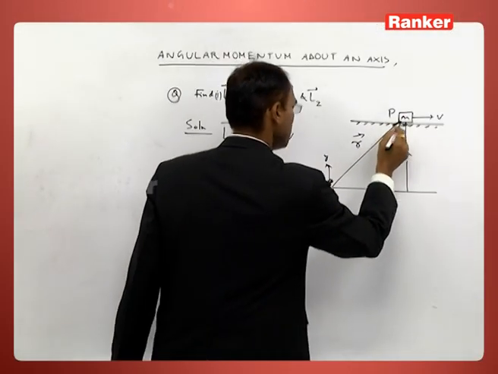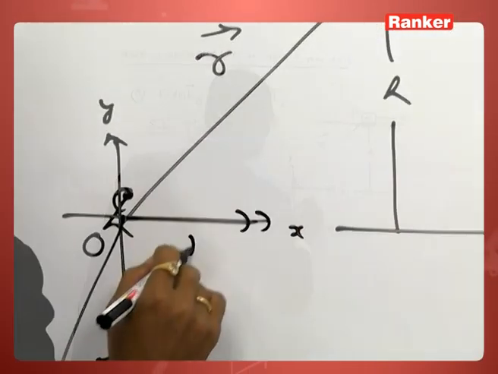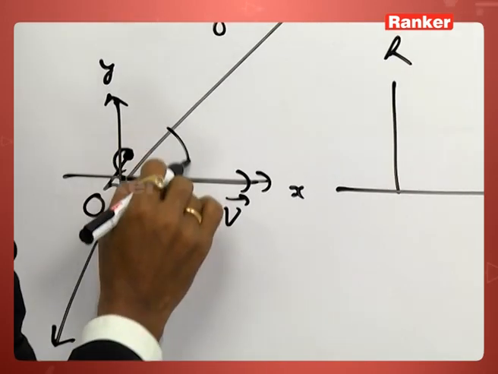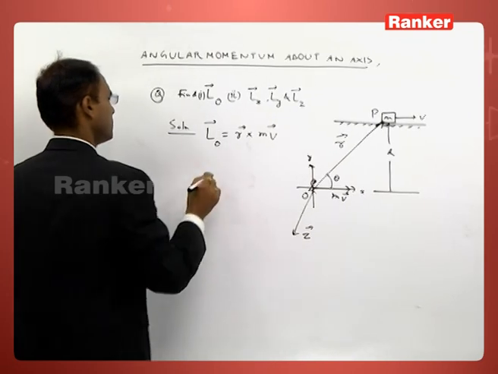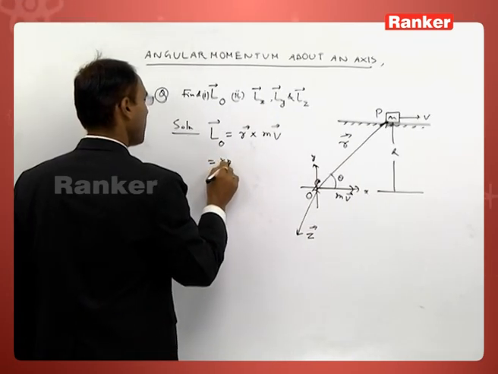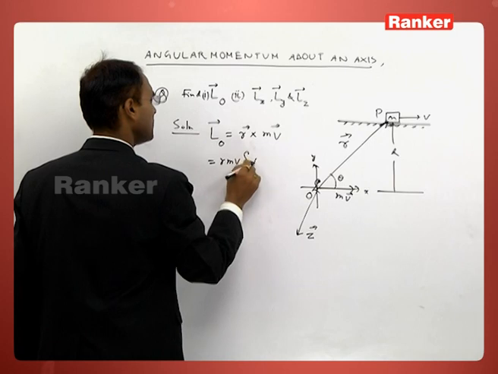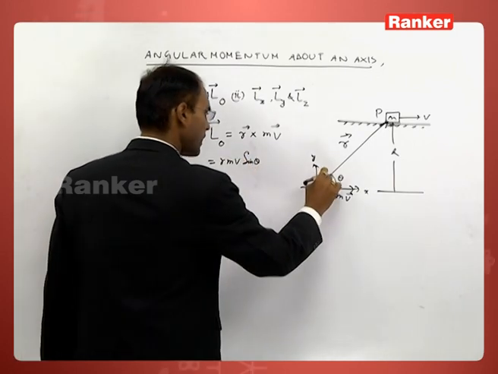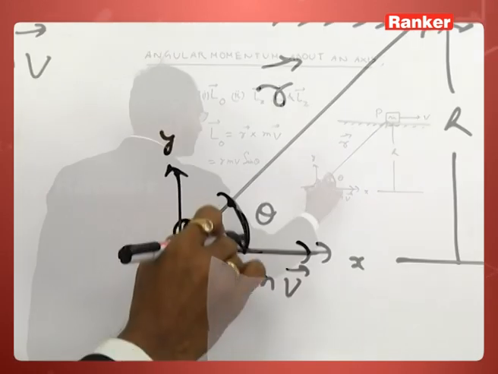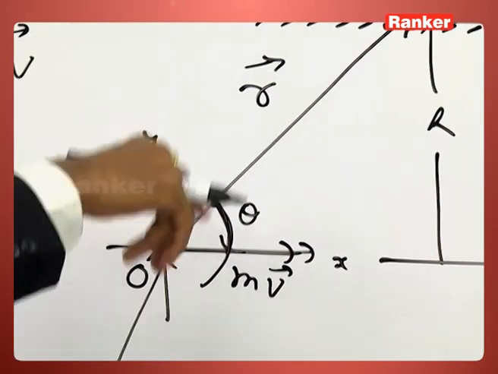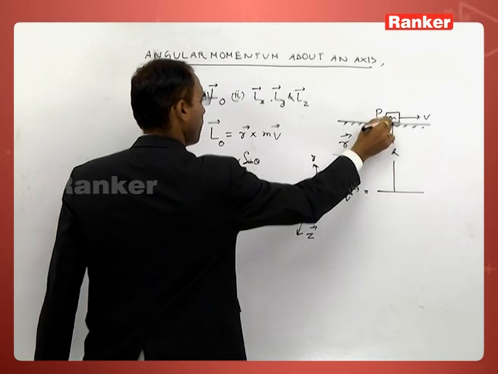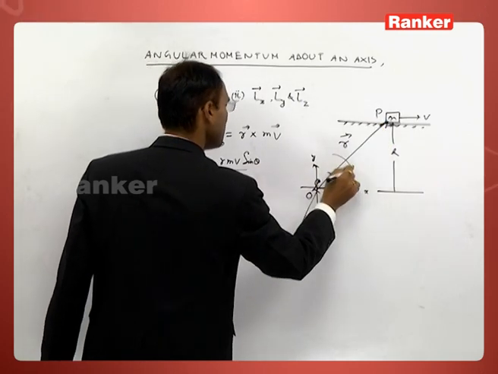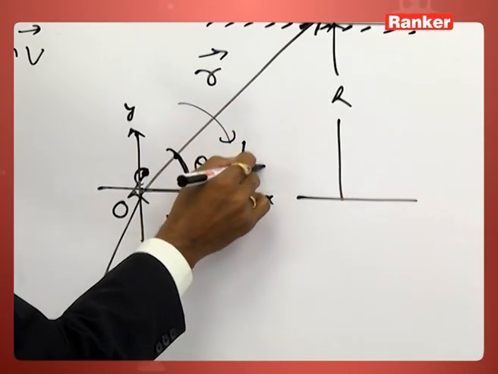This is r vector, this is mv vector. The angle between these two vectors is theta. So we can write r mv sin theta. Since the angle moves in clockwise sense, the angular momentum of this point mass with respect to this reference point must be clockwise.